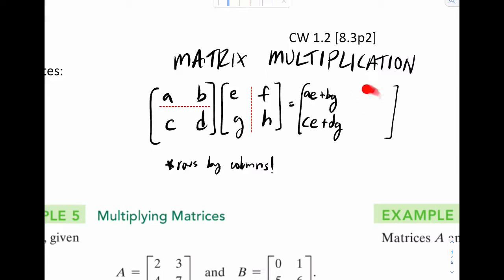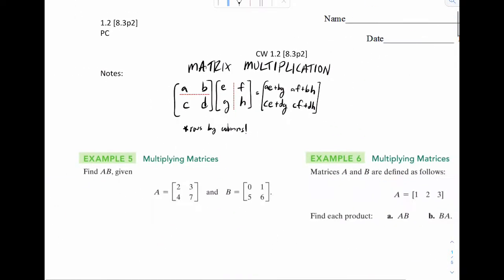If I want the top right, that's going to be AF plus BH. If I want bottom right, this one, that's CF plus DH. So that's how it's going to work.